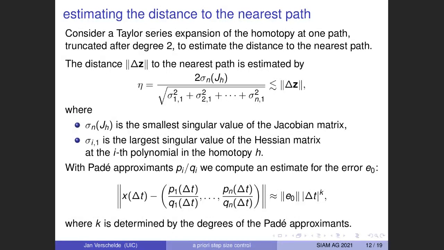So that's the error E0 that appears here, where we have some power of delta t, our step size, that is determined by the degree of the Padé approximants we are using.